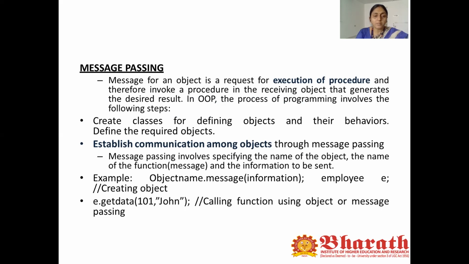And the argument will be the information we are going to pass, namely the employee ID, which is passed as 101, and the employee name, which is passed as John. So we can call the function using the particular object, denoting that the employee ID 101 and the employee name John are the data of the object E. So this is how message passing is implemented.